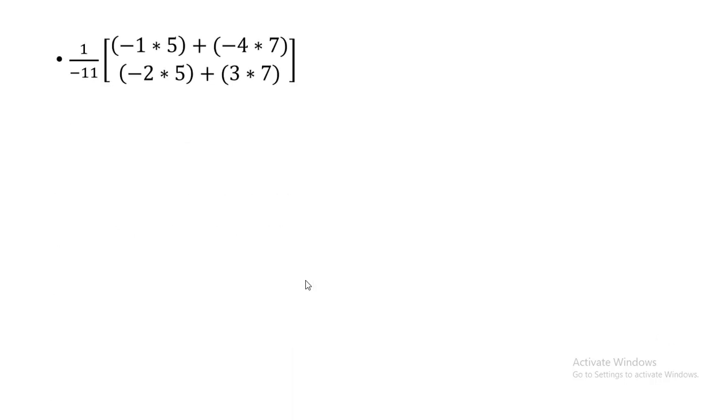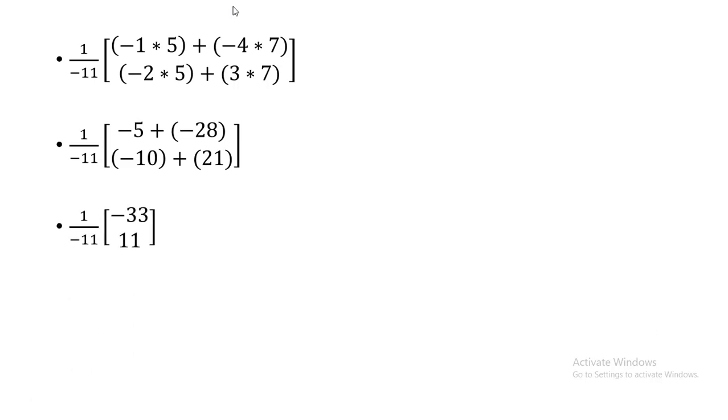Okay, what I have done here, I've just multiplied it first. I've multiplied the two matrices. So these are some of the simplifications, right? When I multiplied and finally simplified it, I divided each and every element of this matrix by this number.